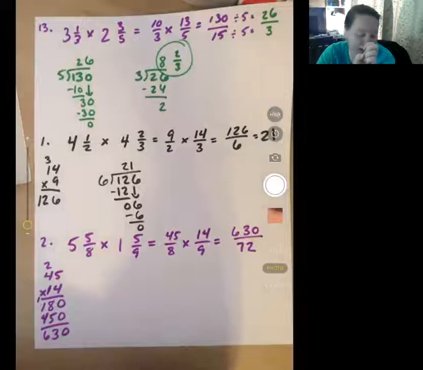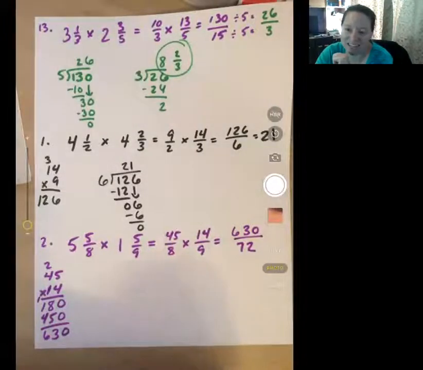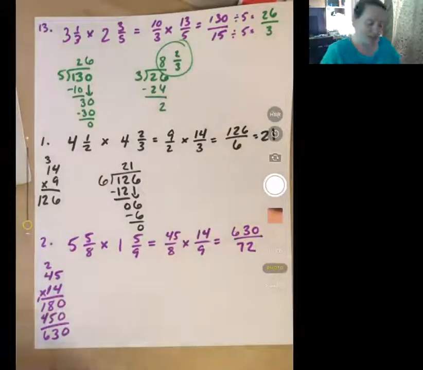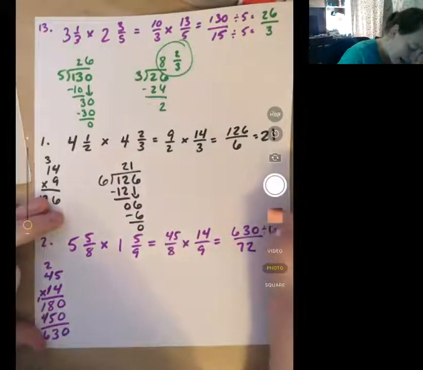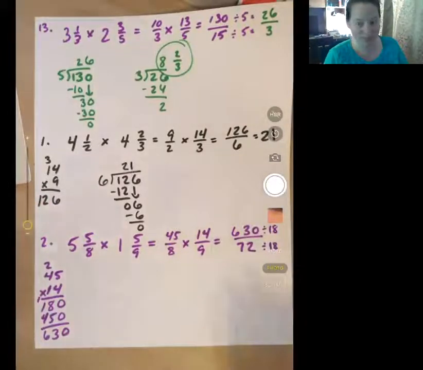So I can take out 2 3s and a 2. 3 times 3 is 9, 9 times 2 is 18. I can take out an entire 18 like that. So let's try that. I'm going to divide by 18.